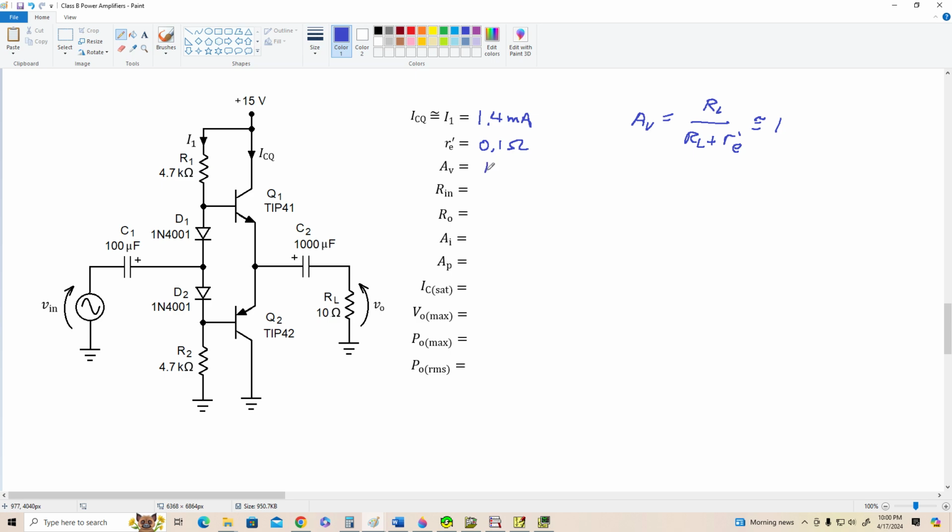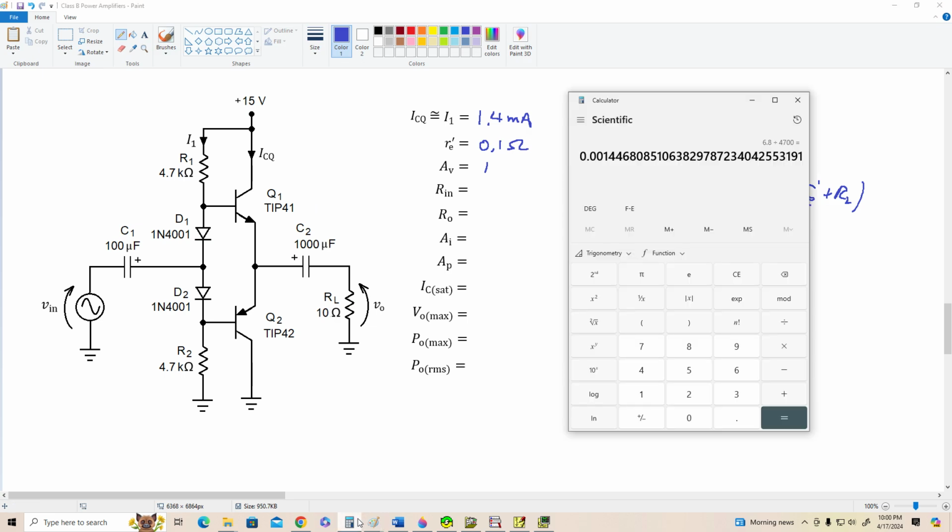The input resistance, okay, that's a little more complicated. Rin is approximately R1 in parallel with R2 in parallel with beta times little r prime E plus RL. Okay, so we've got 4.7. Let's deal with this beta times little re first. R prime E is 0.1 and RL is 10. So let's just estimate this as 10, okay? And beta is 50 for this kind of transistor. So 50 times 10 is 500 ohms.